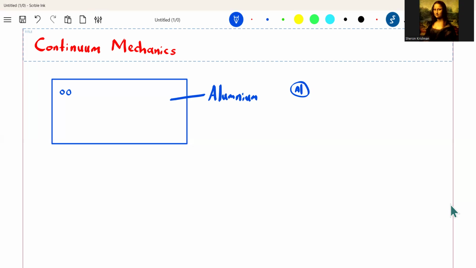So therefore, here in continuum mechanics, the first thing we assume is that our matter is a continuum. This is the very first assumption we make. Why do we make this assumption? There are two important reasons. The first reason: in most engineering applications, we deal with problems at large scale.